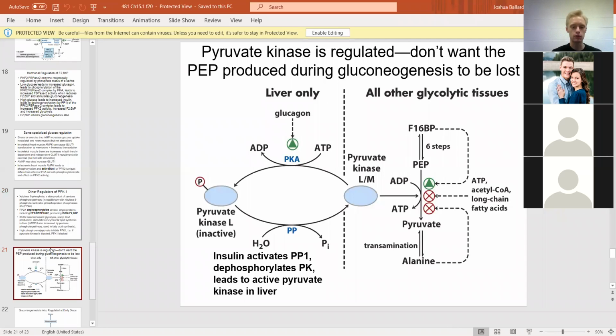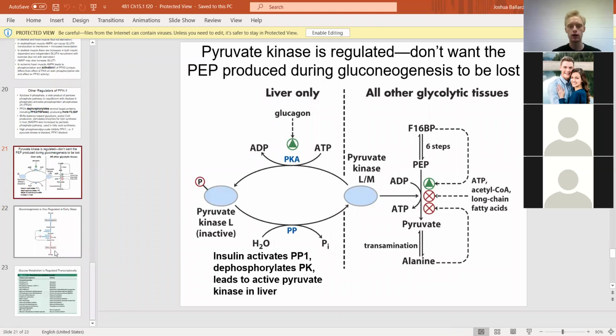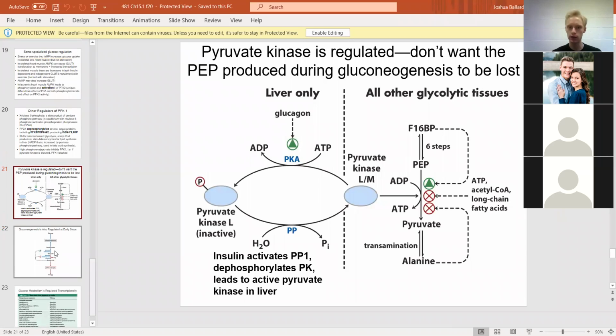That's key with knowing a lot of the factors that upregulate and downregulate glycolysis and gluconeogenesis. If you have a lot of product of something, then it will cause downregulation. If you have a lot of reactant, then it will cause overall an upregulation of a process.